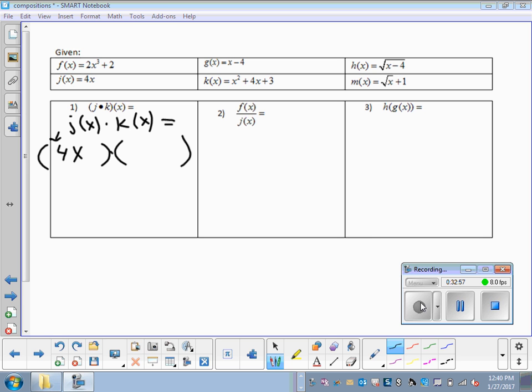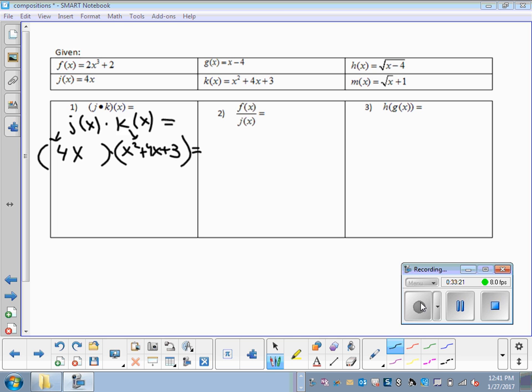And then in the second parenthesis, I'll have the expression for k of x, which is this trinomial, x squared plus 4x plus 3. Just multiplying two functions, keeping the variable without any substitutions.